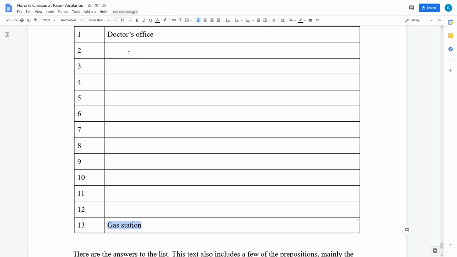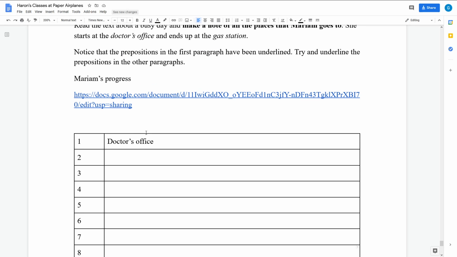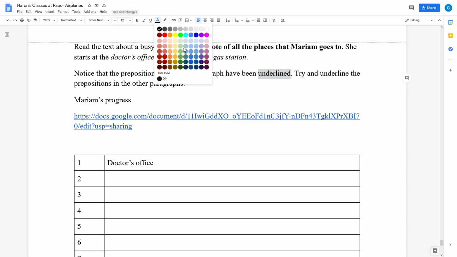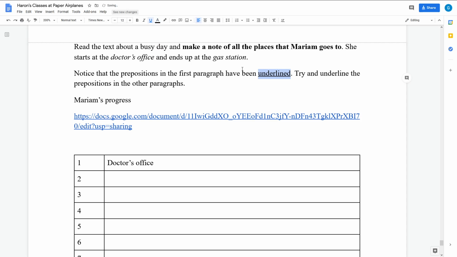Read the text and complete the other places that you see that Miriam goes to. Notice that the prepositions in the first paragraph have been underlined, but that's only in the first paragraph. Can you try and underline prepositions in the other paragraphs?